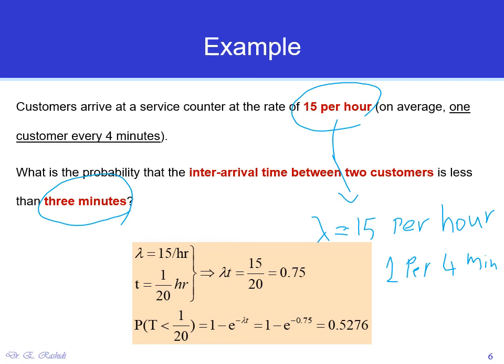But still we have to go to 1 minute. So if we have one customer per 4 minutes, that means in each minute we're going to get 1/4 of a customer.